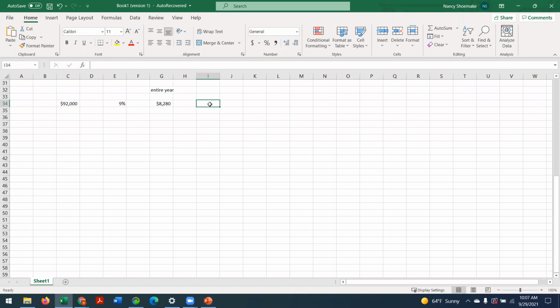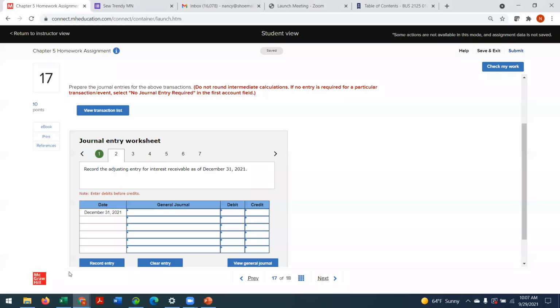So we had 8.5 months of interest. So we will show the full amount, divide that by 12 months, which gives us $690 a month. We would take our month times 8.5 months to give us the interest that we would show as a receivable at the end of 2021, $58.65.